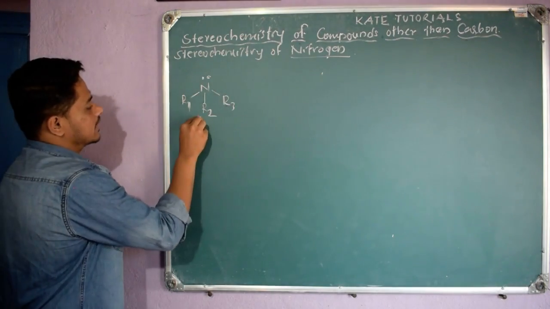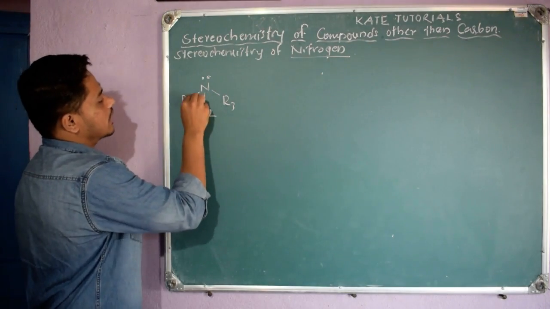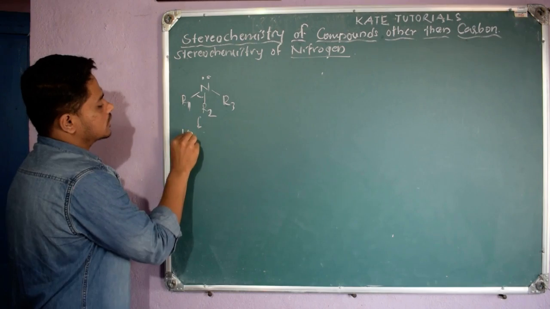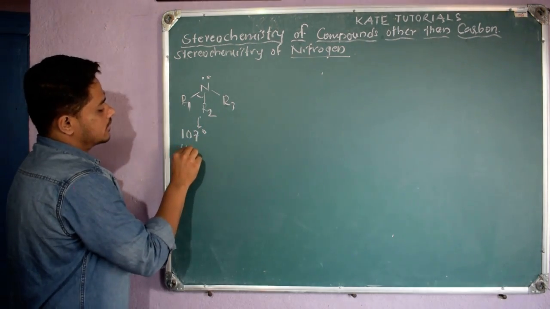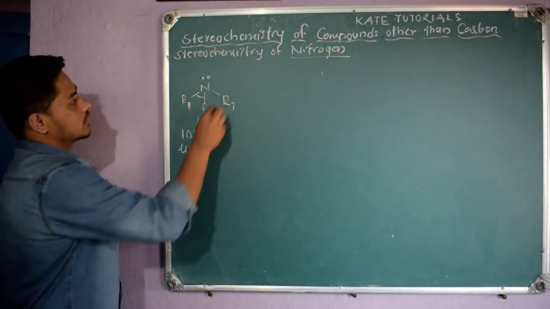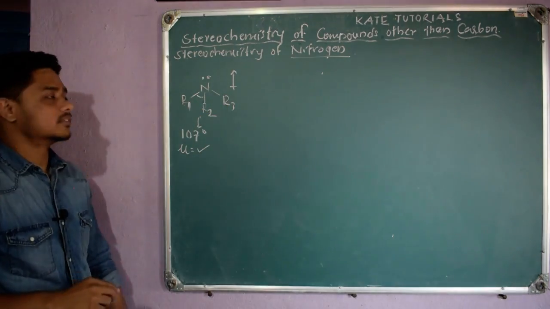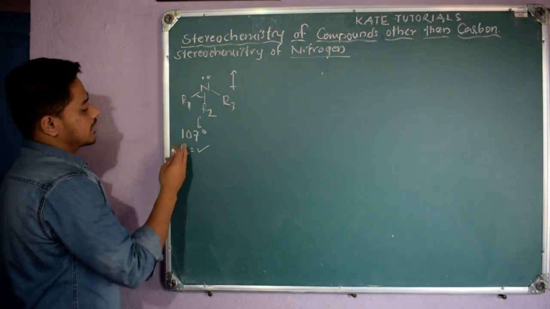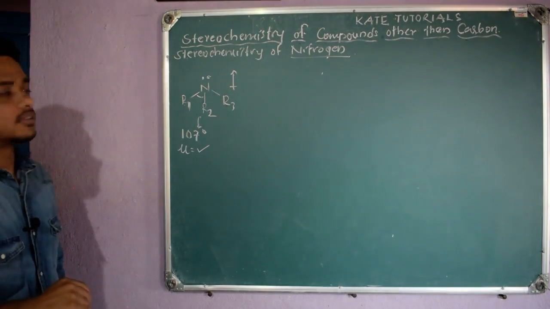If you see the bond angle R1-nitrogen-R2, it will be around 107 degrees. And it will have some dipole moment, right? Based on R we can tell the dipole moment, and from the bond angle it is clear that it is not planar.